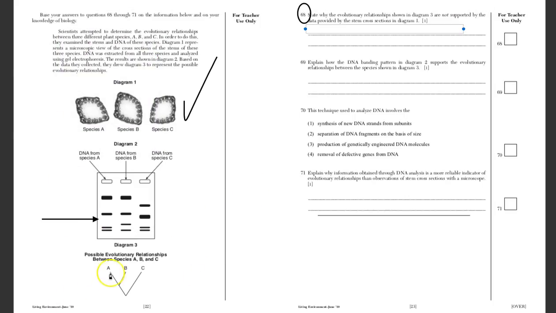They're saying that A and B are closely related and C is not. Let's take a look. You want to move across, looking across to see which bands are similar. So when we look across here, A and B check out. This one doesn't check out. This one's like by itself.